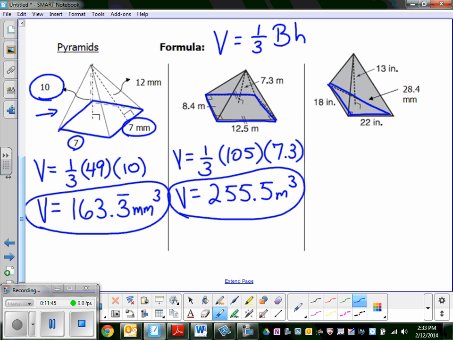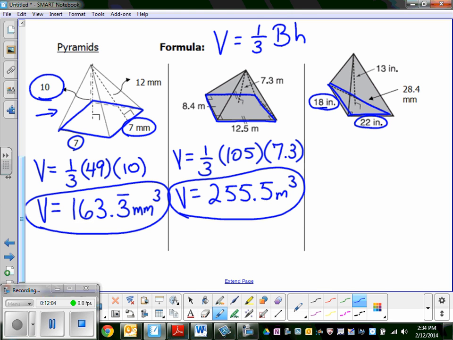Attempt the third one on your own. Once again, pay close attention to your base. In this case, it happens to be a triangle. And the two dimensions that we will use for the triangle are 18 and 22.